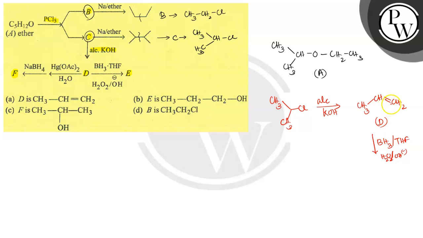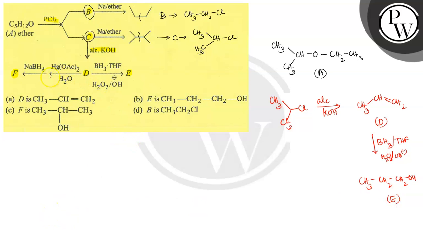Here anti-Markovnikov hydration takes place, and the OH group will be on the less substituted side. So we'll get the compound CH3 CH2 CH2 OH, which is E.